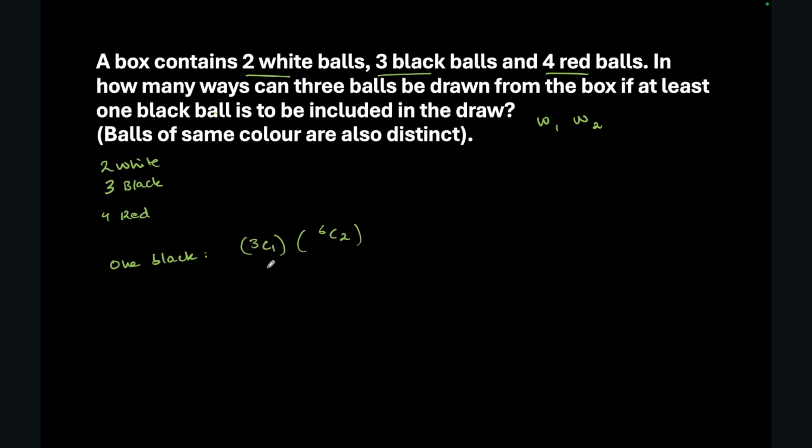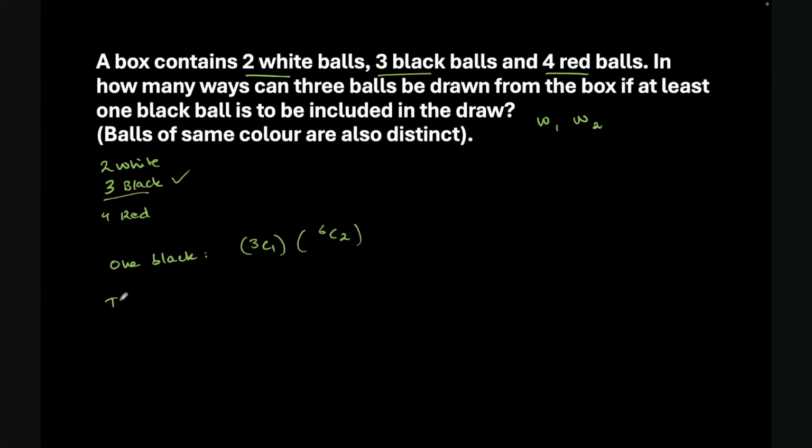The reason for that is we have 3 black, so this is the one that's already selected first. Now 4 plus 2 is 6, and we don't really care whether it's a red ball or a white ball that's selected, because the question hasn't restricted us in any way. So we take one black, so we have 3C1, 6C2.